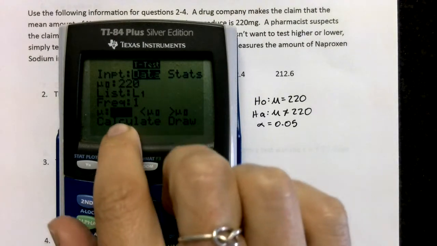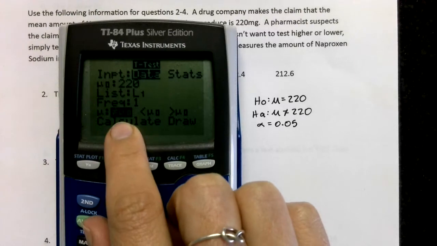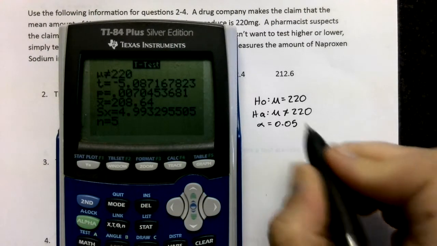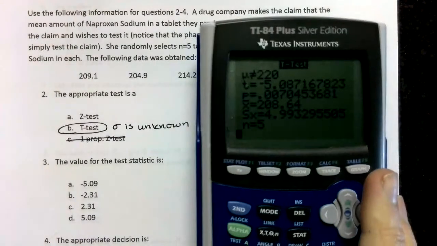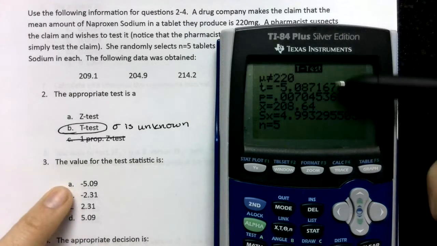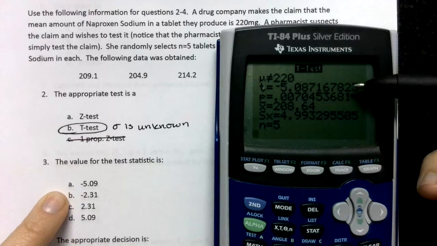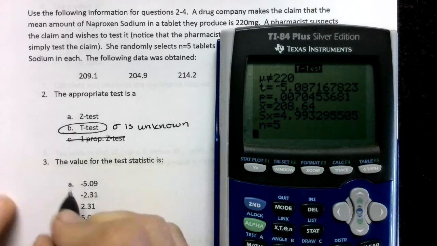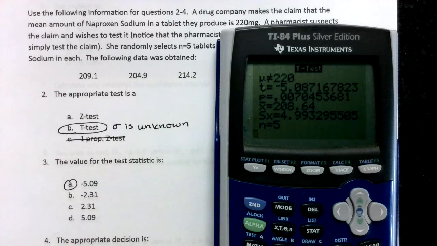All right, so with my alternative set to not equal, I'm going to calculate. So here's some information I have. The next question asks, what is the test statistic? So my test statistic was given to me as T. So just making sure that it's negative. So we have A for our test statistic.